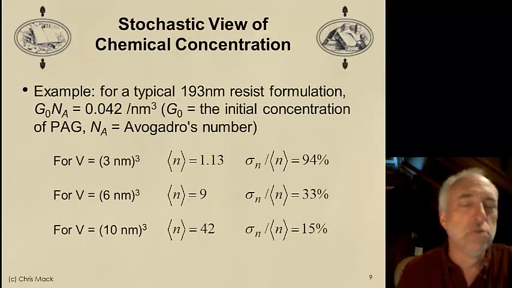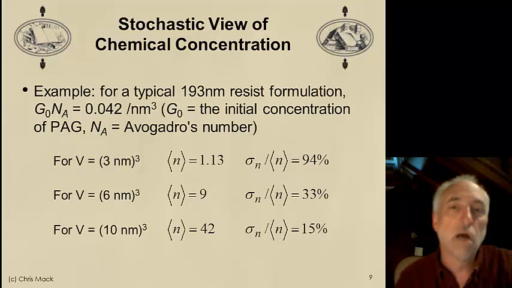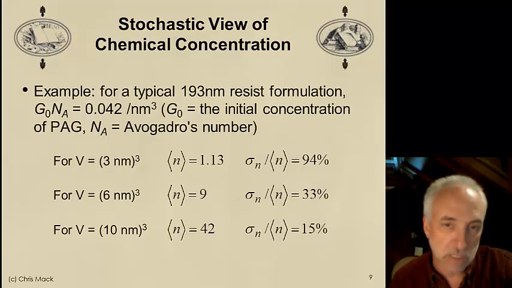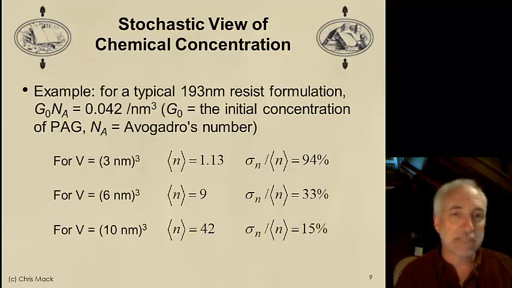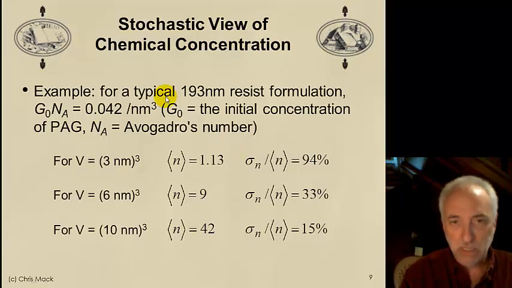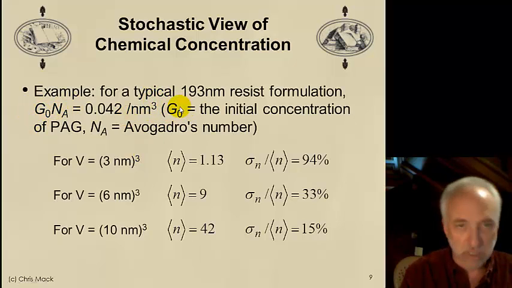All right, let's use this Poisson distribution for an example. I'm going to take a photoresist as an example, a 193 nanometer resist, and it'll have a typical number of PAGs, the photoacid generator, right? G0 will be the initial PAG concentration in moles per unit volume, let's say.